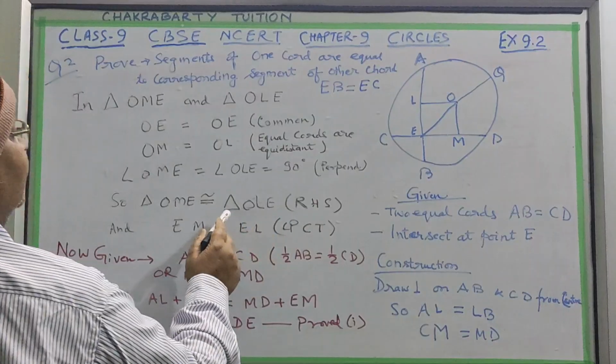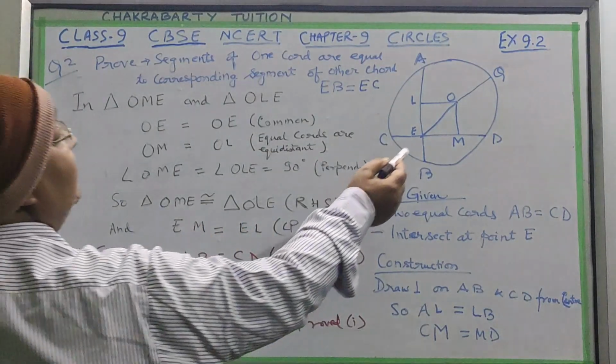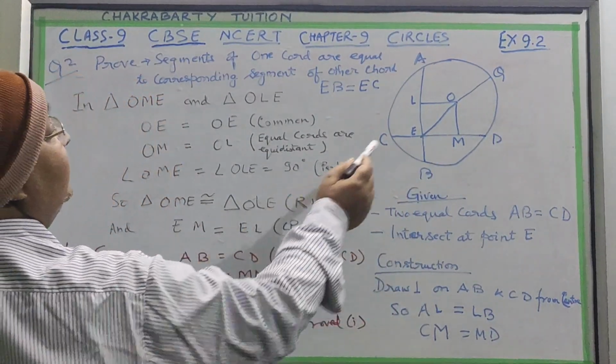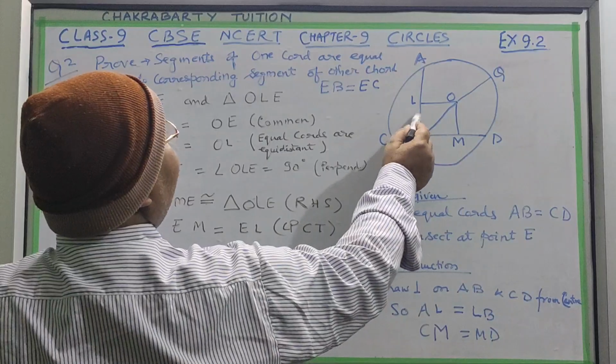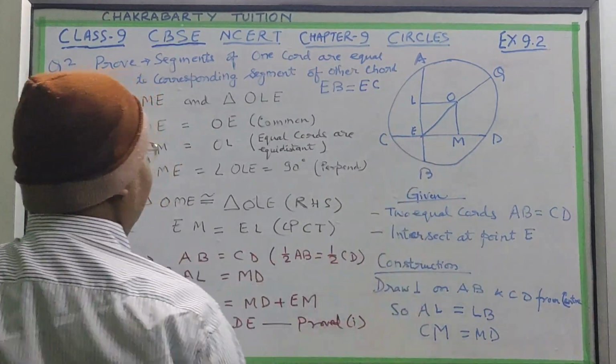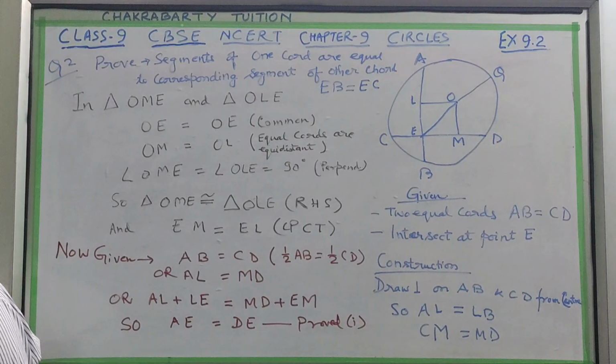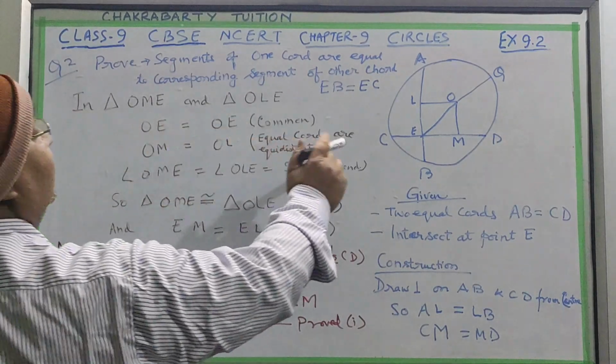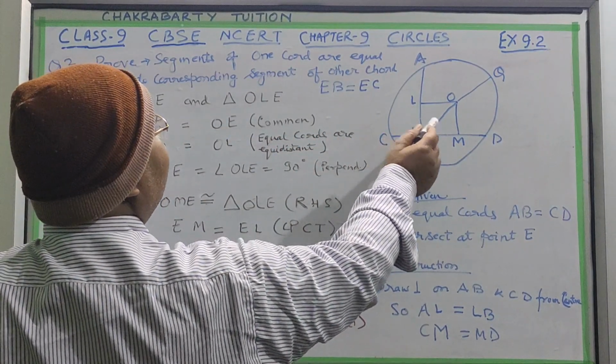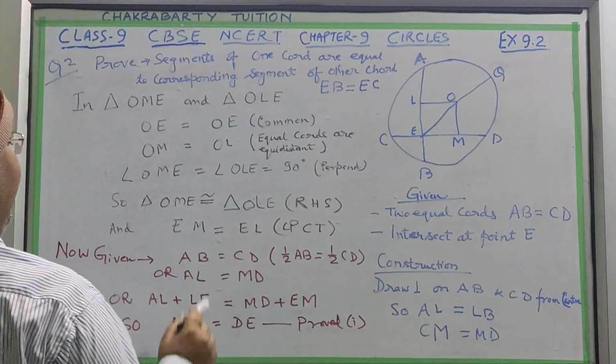If these are congruent triangles, then EM and EL will also be equal, based on corresponding parts of congruent triangles. So one thing we have proved: LE and EM are equal.